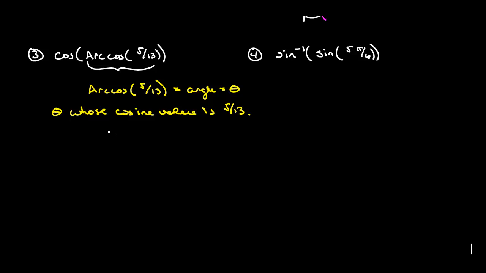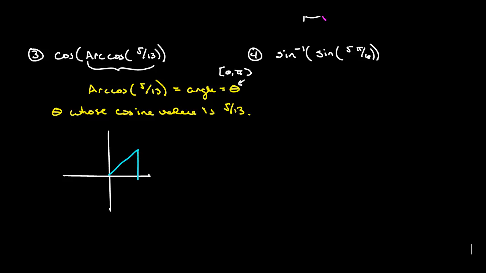Now remember, this arc cosine is only between 0 and pi, so I've got to pick quadrant 1 or 2. Where is cosine positive? In quadrant 1. So let's draw that guy out.